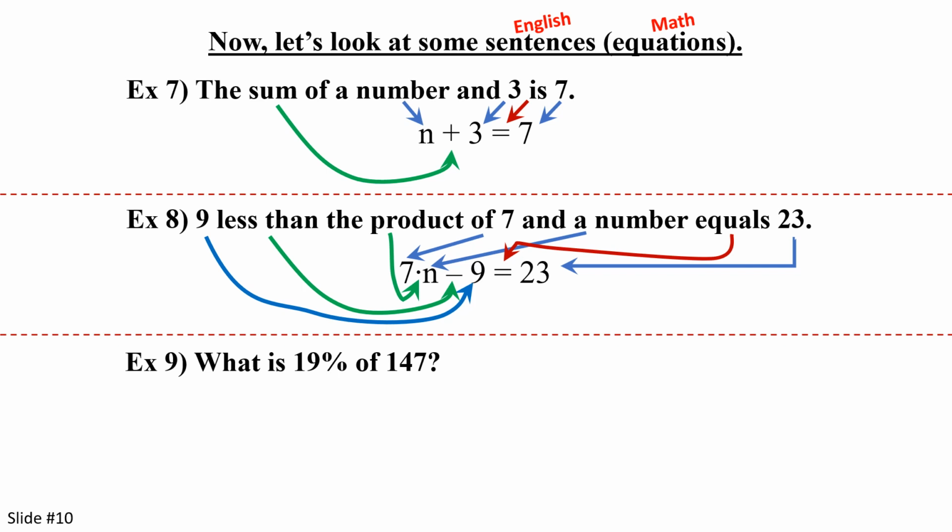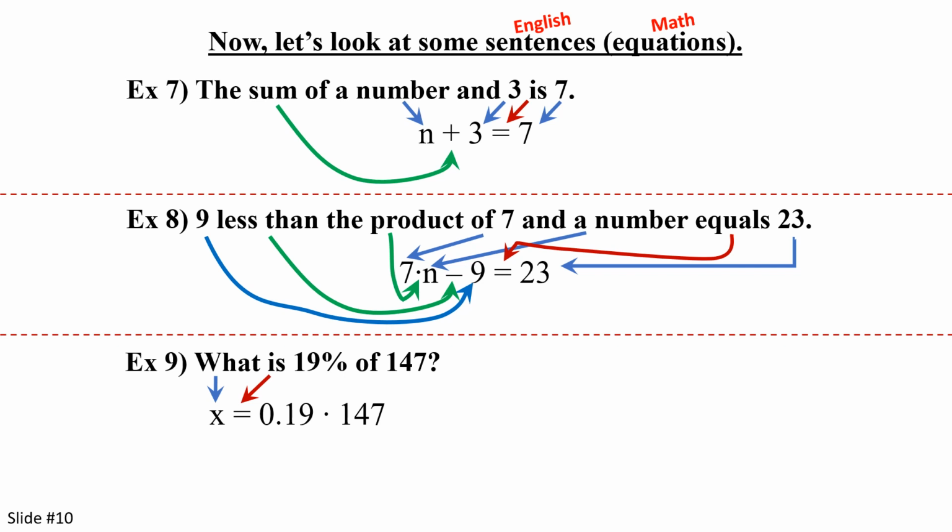What is 19% of 147? Here's the translation: x equals 0.19 times 147. So what is our unknown? We'll use the letter x. You can use any letter, unless the problem specifically says otherwise.